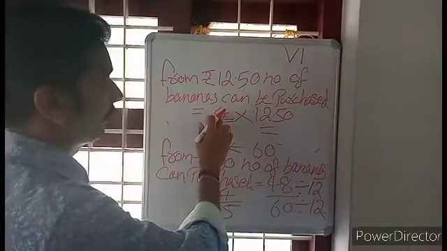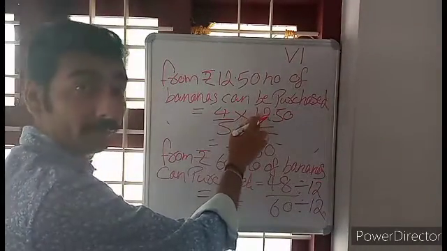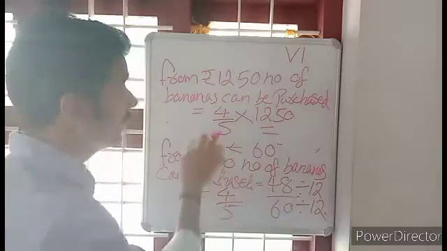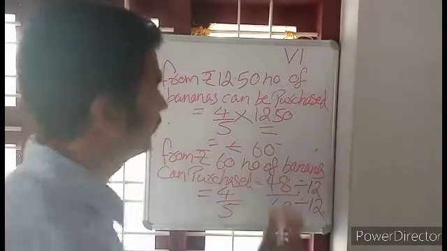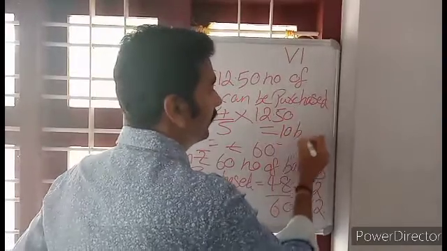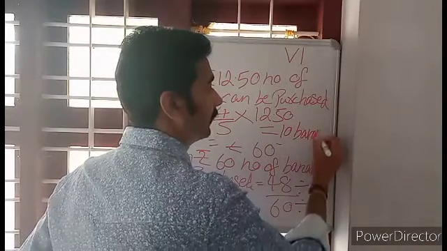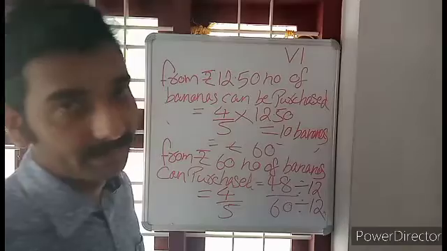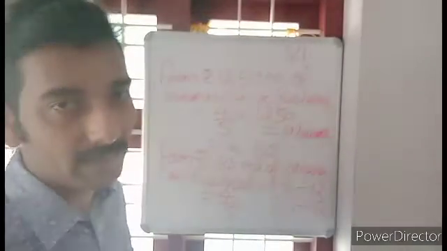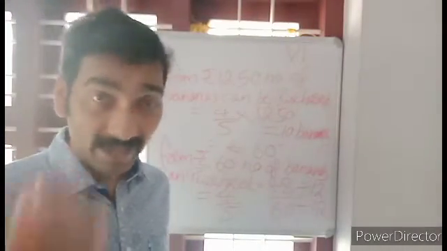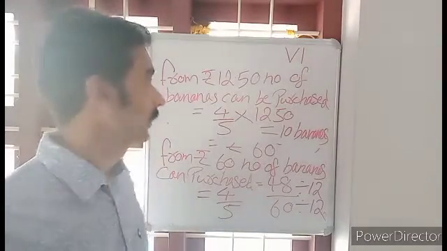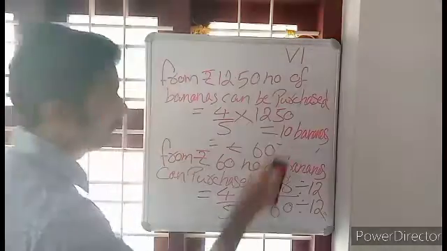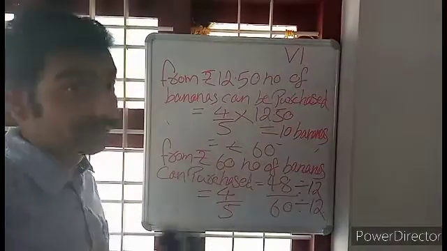You multiply 4 into 12.50 and divide by 5. The result is 10 bananas. Clear? Very important type of question, write it in your notebook. The answer is 10 bananas.